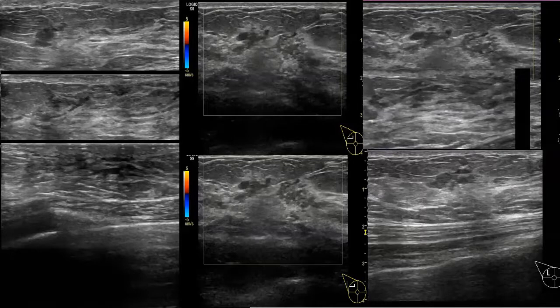So just the area of architectural distortion. And here this is with dilated ducts. This is the area in the upper, about 11 o'clock. Associated also here, the microcalcification is appreciated within it. So it's for biopsy. Yes, it is an infiltrative hypoechoic process.